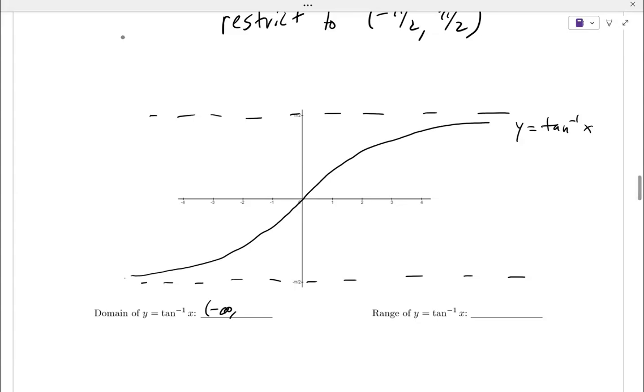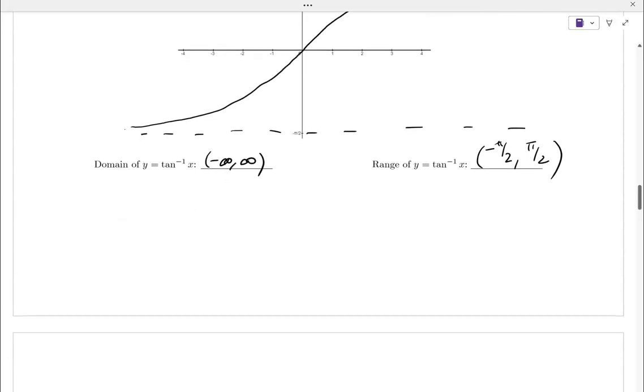So the domain of your inverse tangent is negative infinity to infinity. You can plug anything in you want. But what has to come out? The range of the inverse tangent is the domain of the original, and we were restricted to what? Negative pi over 2 and pi over 2, and those are not included, right? We see those with the asymptotes there.